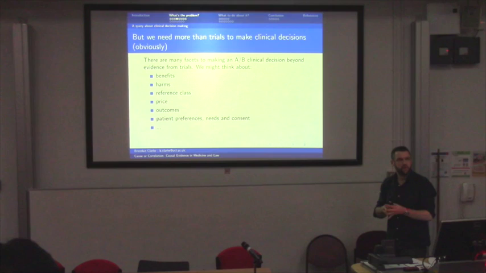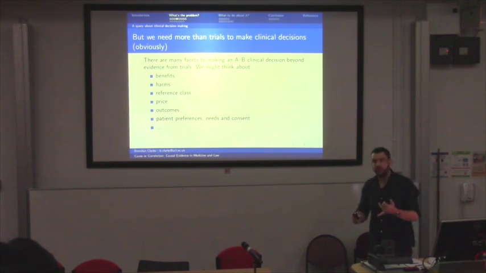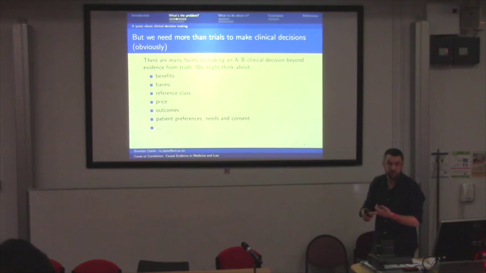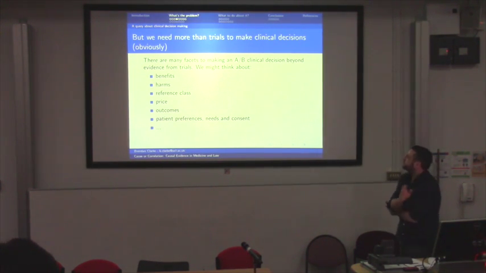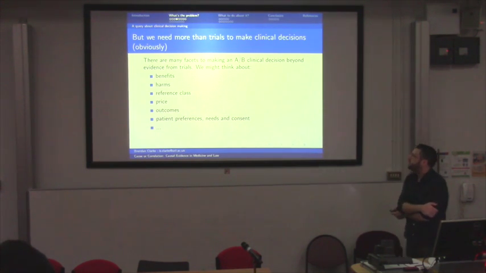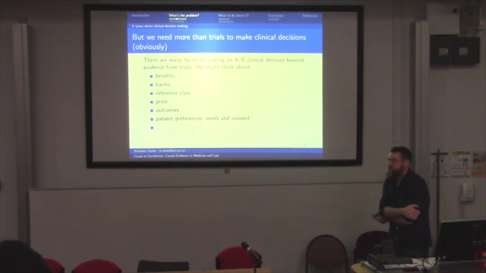For example, a drug that seems to be very good at reducing blood pressure but seems to have lots of side effects, versus a drug that isn't so good but is much safer. That's not a very straightforward thing to reason out. We also will want to think about the reference class, and I'm going to assume that that's a term that most of you have never heard before, so I'm going to explain it in a couple of slides' time. It will have to wait for a surprise until then.